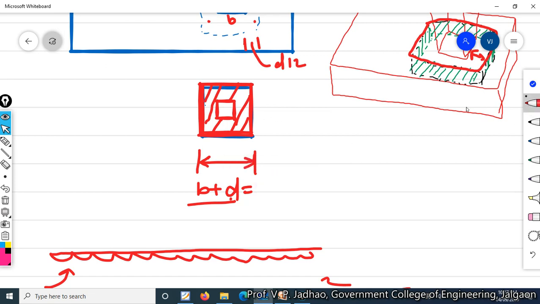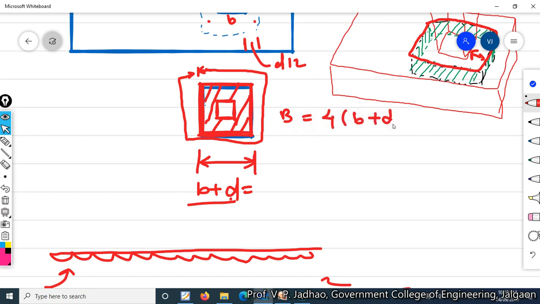Actually the b0 value will be the total length, if we start from here and come like this up to this point, this will be the total b0. So b0 is equal to 4 times b plus d.